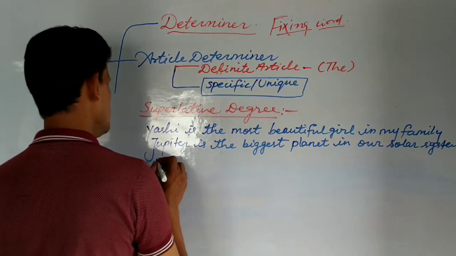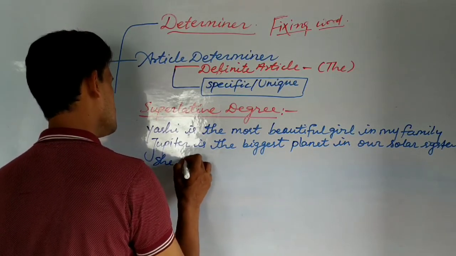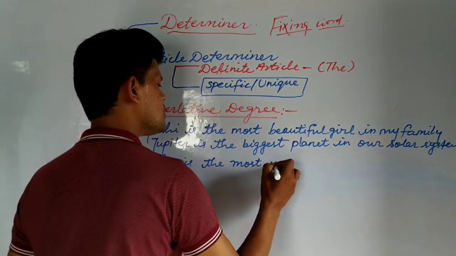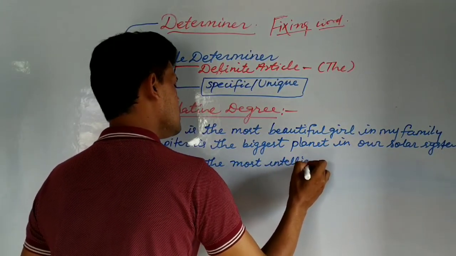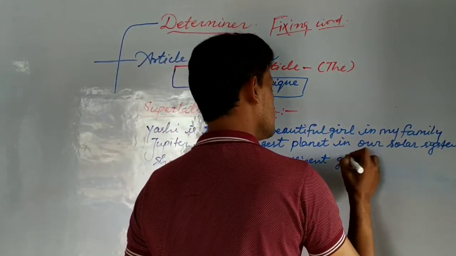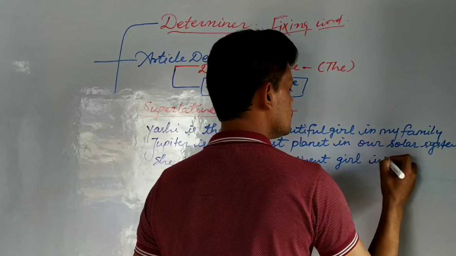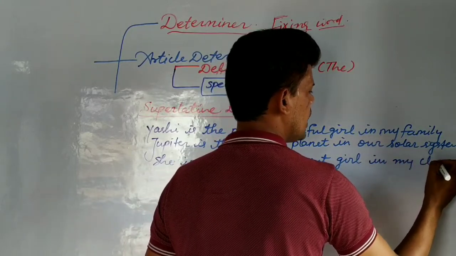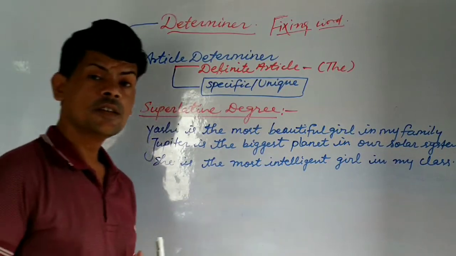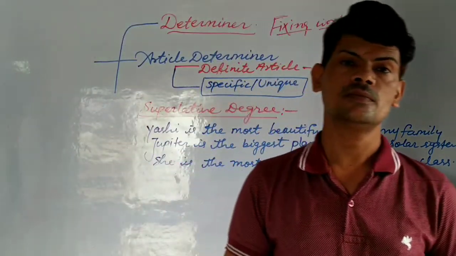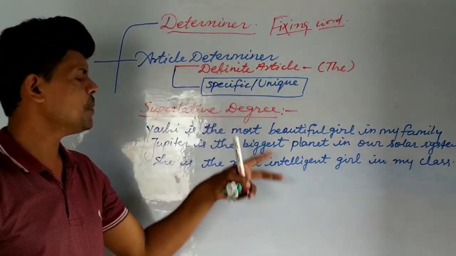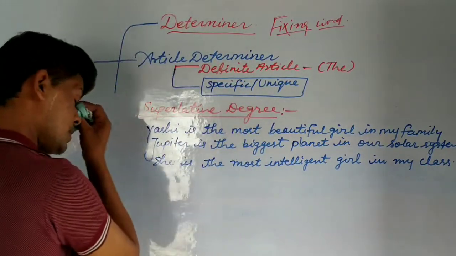She is the most intelligent girl in my class. Means before superlative degree we can use definite article before superlative degree. Okay, students?